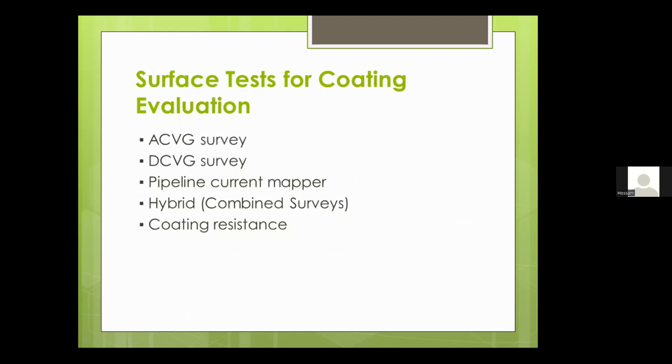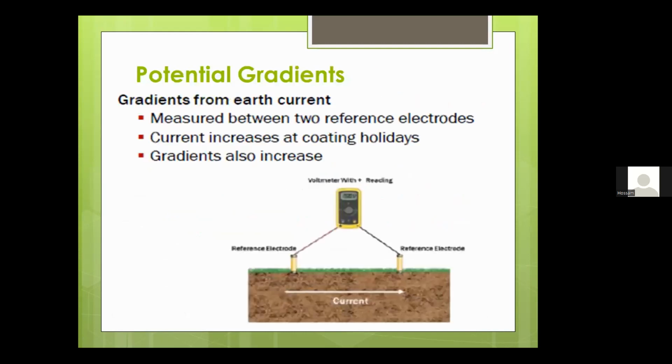The surface tests for coating evaluation are ACVG, DCVG, pipeline current mapper, hybrid, and coating resistance surveys. The potential gradient: we can calculate the gradient from earth current measured between two reference electrodes, like this image.